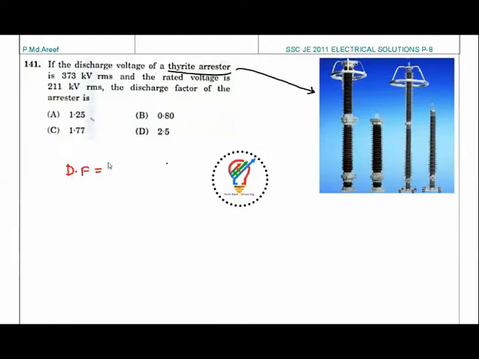So here the discharge factor DF is nothing but the discharge voltage peak divided by the rated RMS voltage. How much discharge voltage?